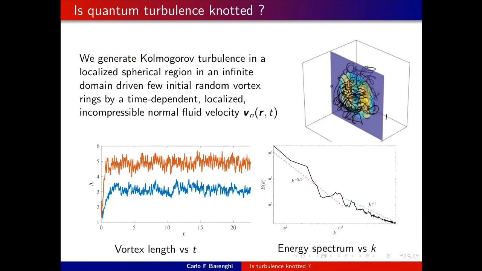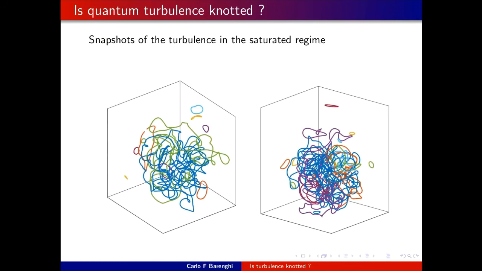So the question is, okay, now we have vortex lines in a tangle, and here it is. Here I've tried to picture the lines with colors to describe the messiness of the vorticity. I stress the messiness of the velocity is even much more than what I can represent. And the question therefore is, are there knots in this kind of messy region, in which you see two snapshots here?